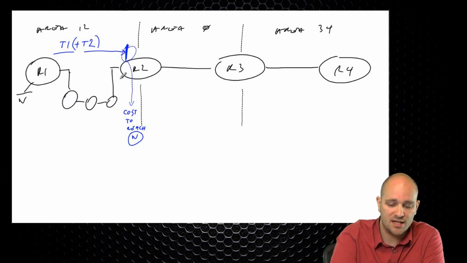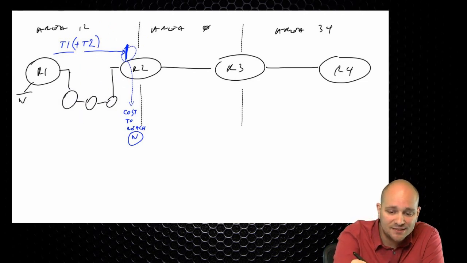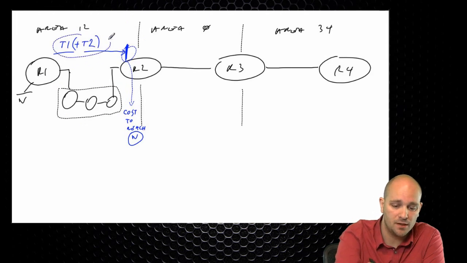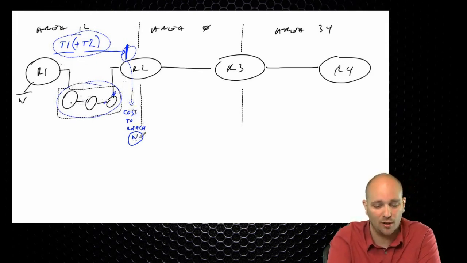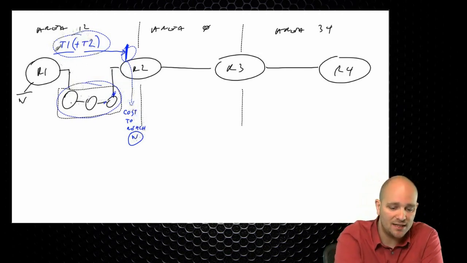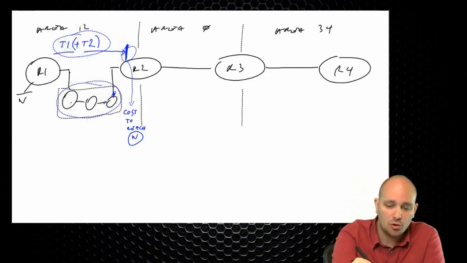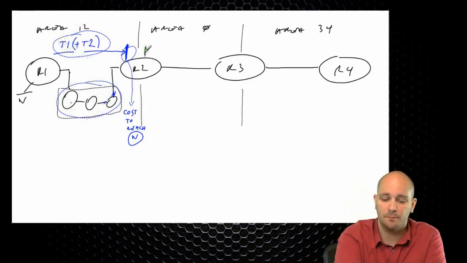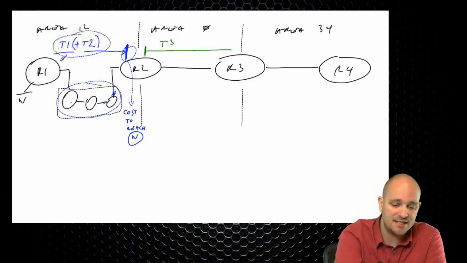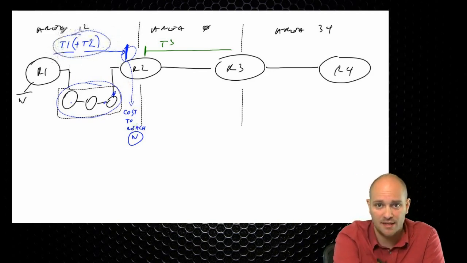So we don't know what's actually sitting in this network, and it's borderline irrelevant, because R2, based on this information, and based on the costs of this link and this link, and whatever path it needs to take, is going to calculate the cost to reach N. So it's going to take the information from type 1, type 2, and other information from the database, compute it, and generate a type 3 LSA, basically summarizing the database information.